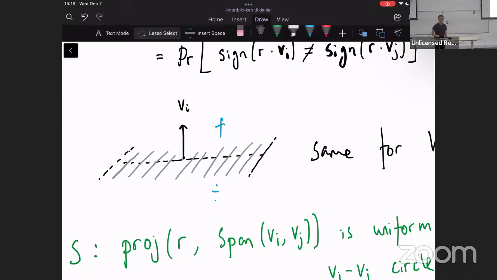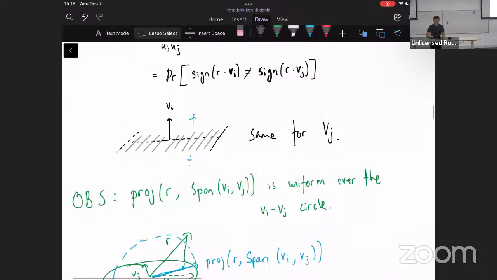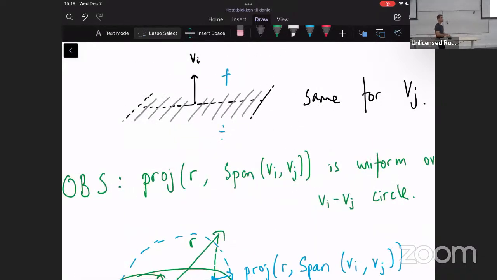So in particular, whether vi or vj go in the same or opposite direction now depends on the projection of r onto the span of vi and vj, which is now a plane. So I take the vi vj plane, I project r onto that plane, and what I care about is whether r is in the same or opposite direction as vi, and the same for vj. Only looking for that projection.